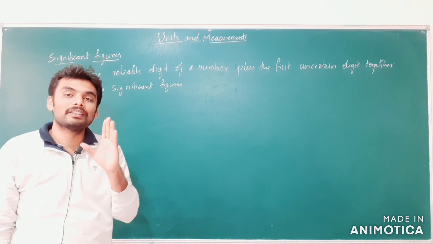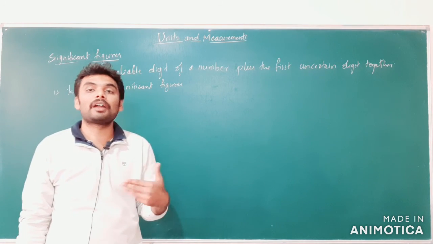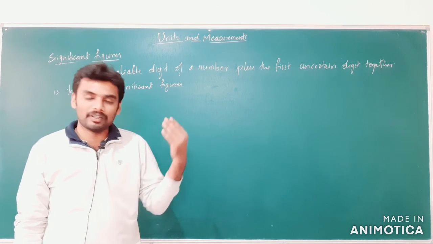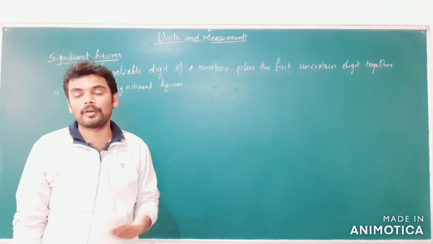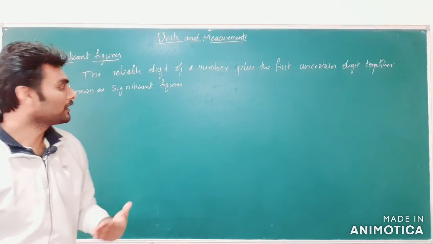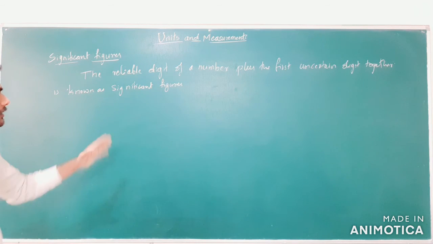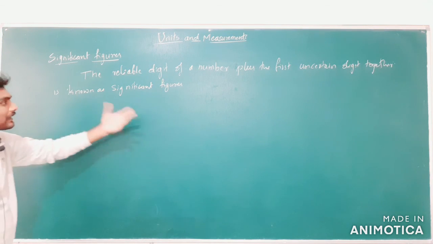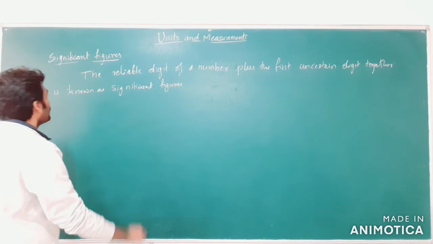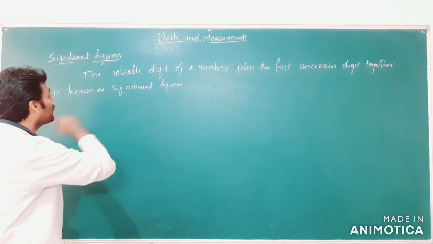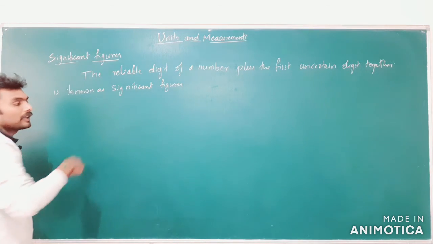Uncertain means that digit is a part of error in the measurement. You'll get to know everything with the examples. Keep this much in mind, that's enough. We'll get the clarity once we move ahead. But now we'll see a few rules for counting significant figures in a given number.